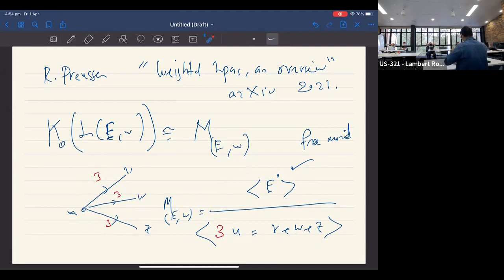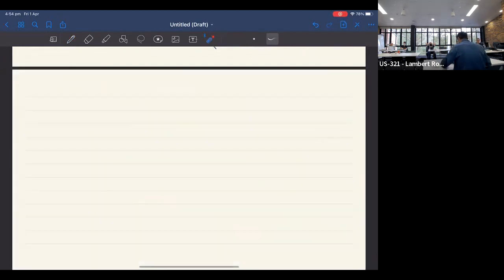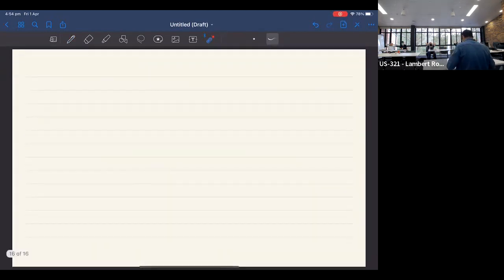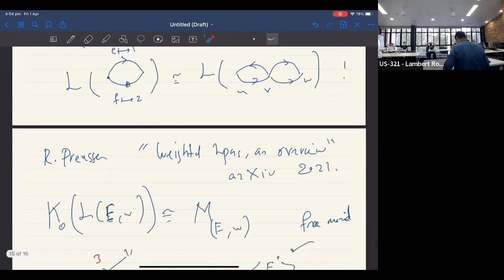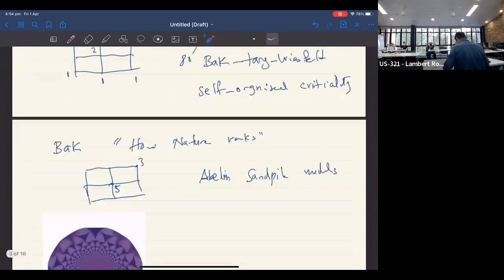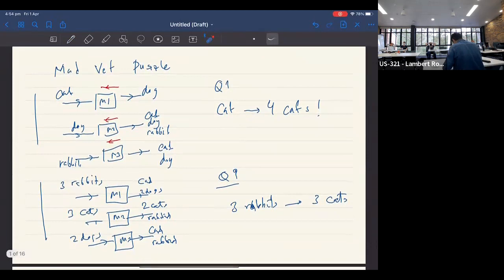Now I want to bring all of this together. First of all, let's go back to these puzzles. The math puzzle, very, very beginning. So, this one here. Maybe both of them.